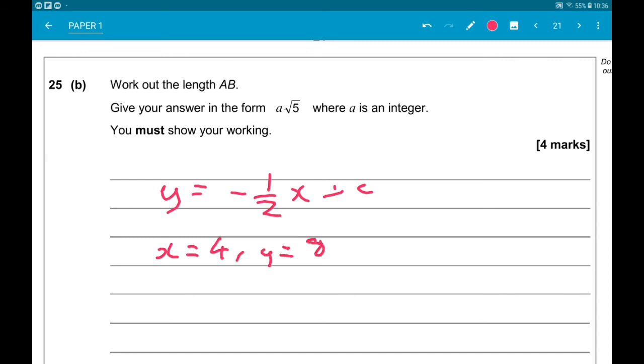Now that's going to give us that 8 is equal to -1/2 times 4, so that's -2, and then add c. So c is 10.